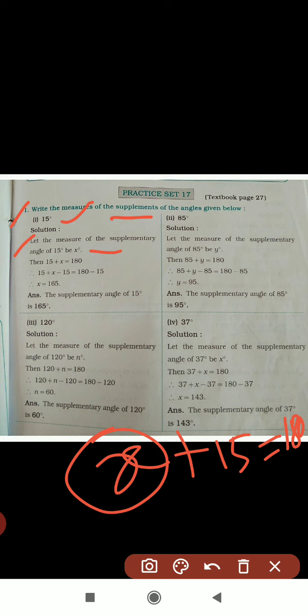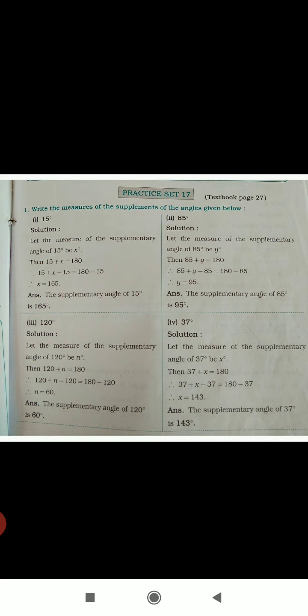So x plus 15 is equal to 180. So 15 gets cancelled and x is equal to 180 minus 15, which is 165. The supplement angle of 15 is 165.